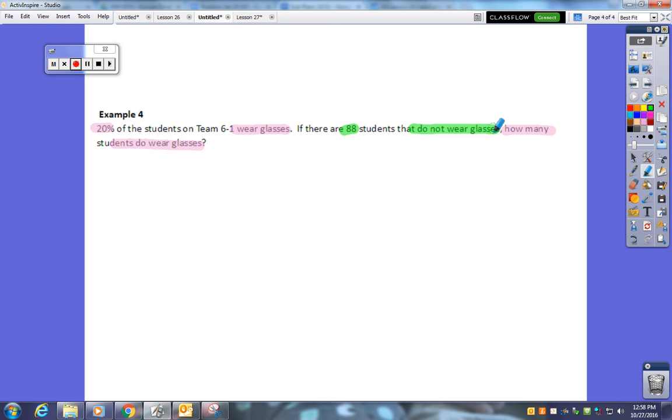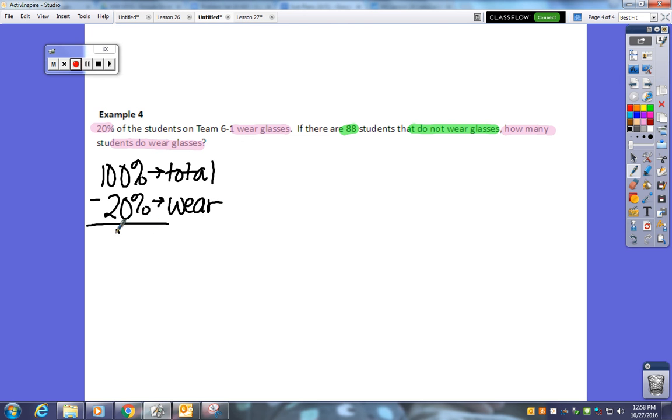What we need to start off with is finding the percent that do not wear glasses, since that's the number given to us in the problem. So we would take our 100% total, subtract the 20% that do wear glasses, to find 80% don't wear glasses.